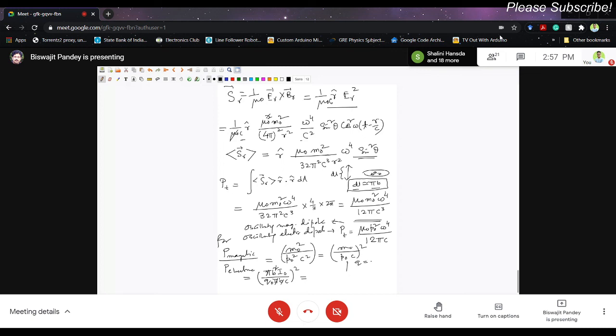Q equal to Q0 cos omega t. So I equal to dQ by dt, which is equal to Q0 omega into sine omega t. So Q0 into omega is equal to I0, the amplitude of the current. So I0 is Q0 omega.